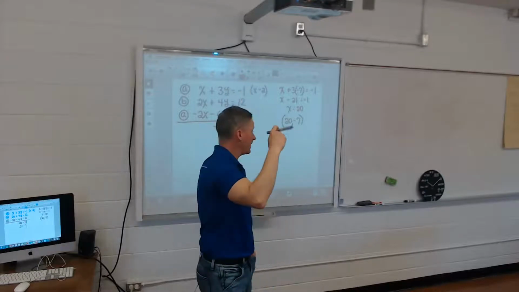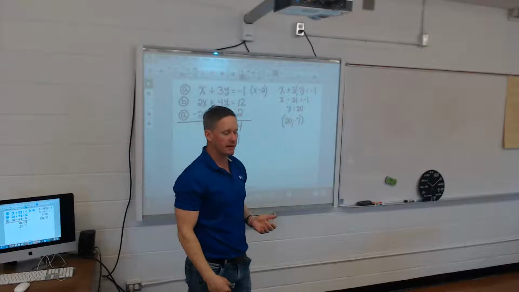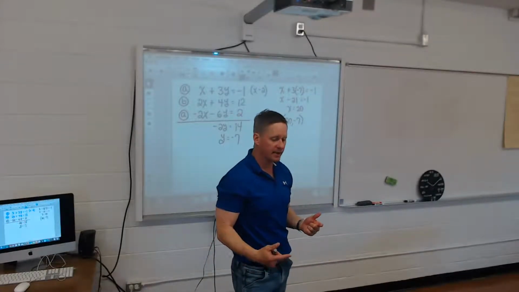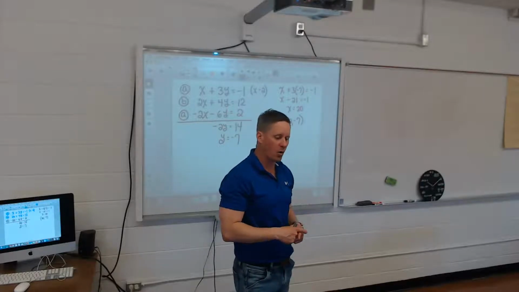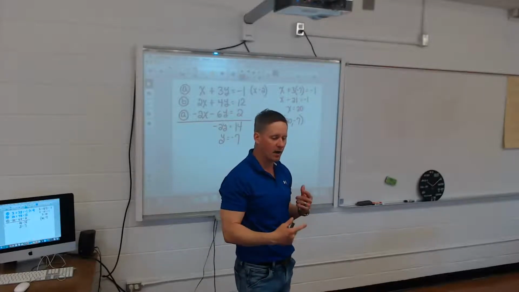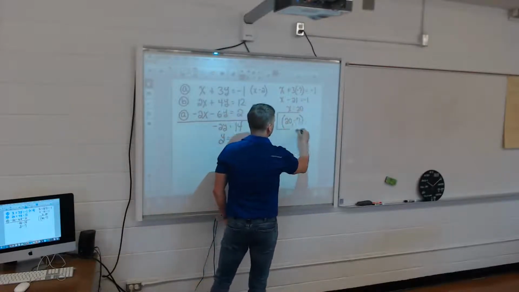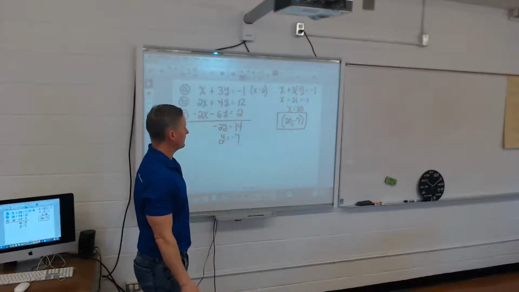Again, what I'm doing is I have two linear equations, two lines that are somewhere along the way going to intersect. And where they intersect is where the coordinate is that satisfies both. So I want to make sure that I can find out where they are intersecting. So that's 20 and -7.